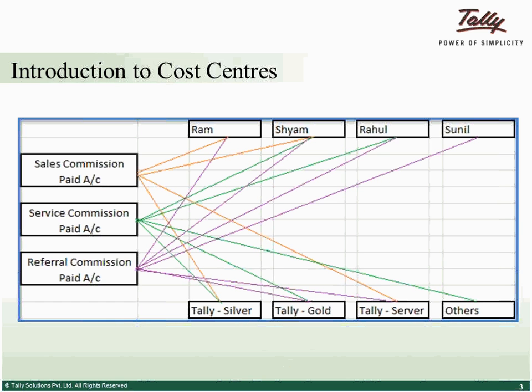What now? Do we create Ram Tally Sales Commission accounts and so on? We will have 3 into 4 into 4, that is 48 ledger accounts. This not only means many ledgers, it also becomes unmanageable. They do not allow meaningful reporting either.